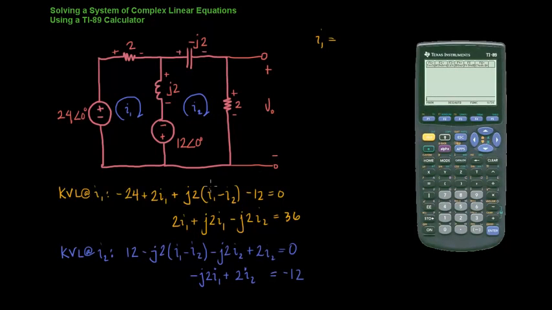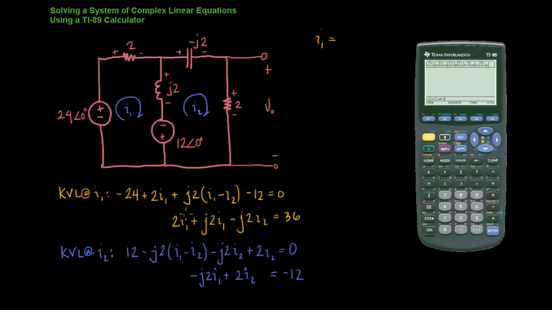Now, to solve a system of complex linear equations, we're going to go to Algebra. We're going to scroll down to Complex, push the right button to expand that, and we're going to select C-Solve. Okay, and I'll simply take this equation here and write it in.